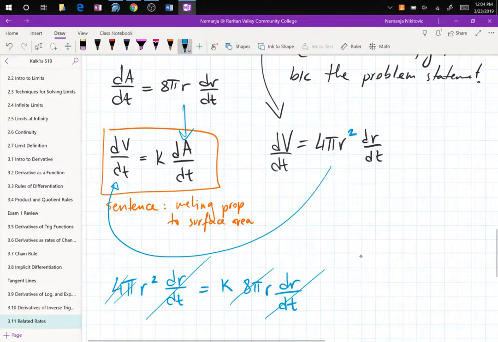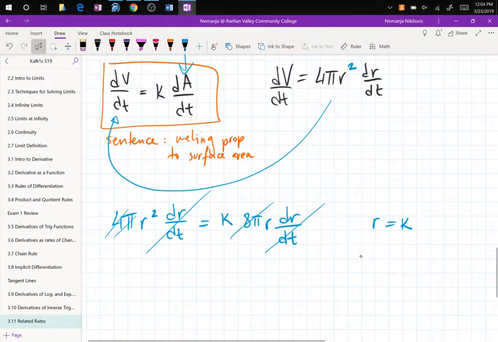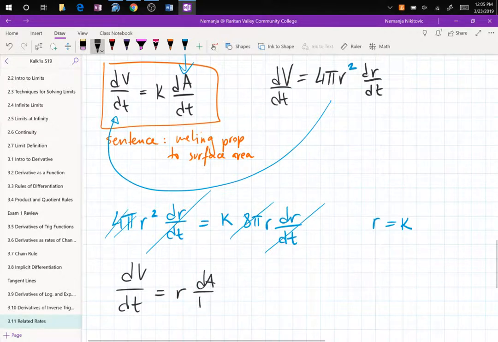So when everything cancels, I get that R is equal to K. So if R is equal to K, K equals R, then we get that dV dt is equal to R dA dt.